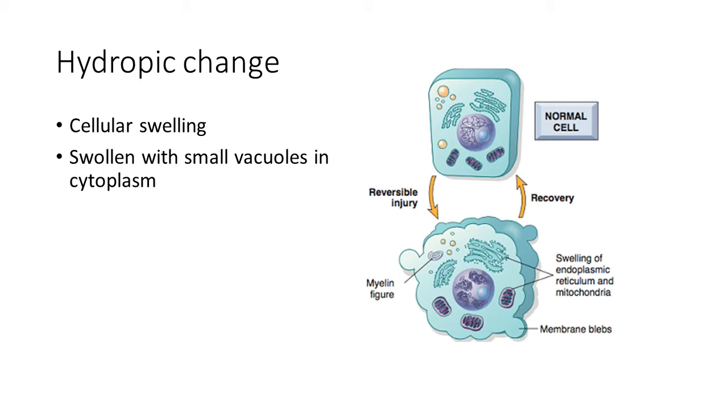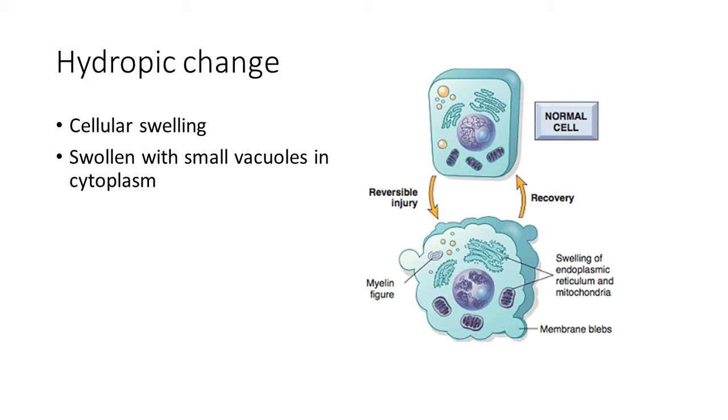I also told you wherever sodium is there, water follows it. Influx of sodium is followed by influx of water. Sodium carries water with it wherever it goes. Okay, so along with sodium, there is also intracellular accumulation of water. And this leads to hydropic change or cellular swelling.